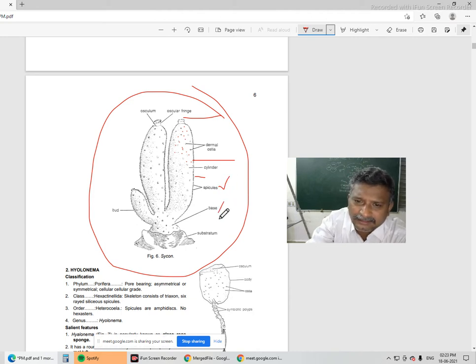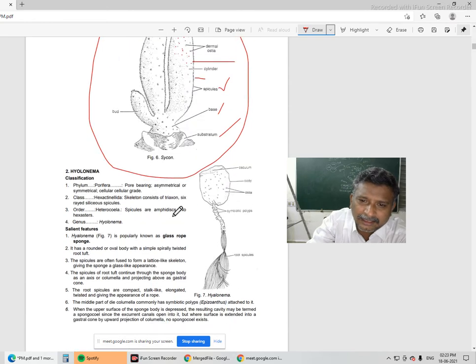There is a base by which they are able to attach to the substratum. So observing all these characters, we say that organism may belong to, tell me, Sycon. Okay, now this one I think is already over in our previous classes.